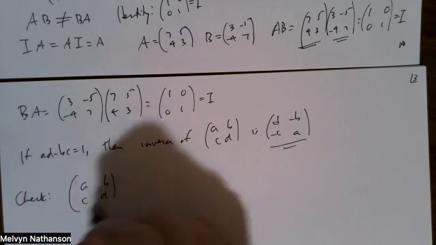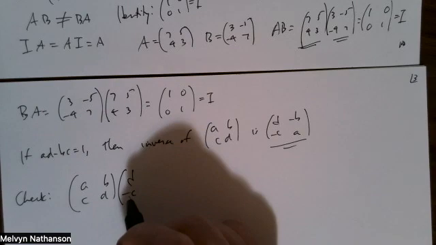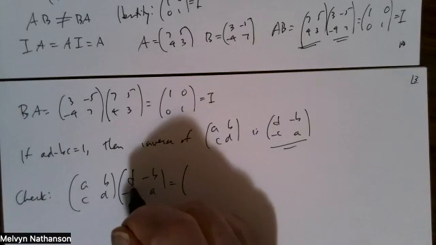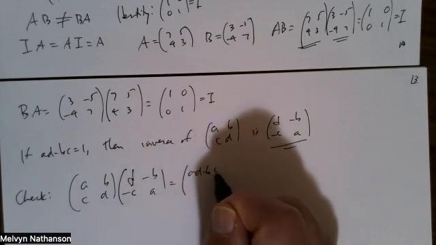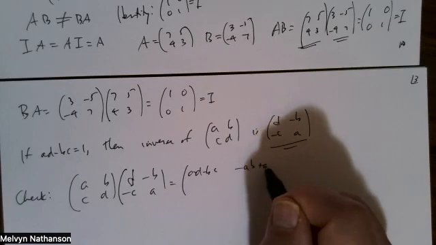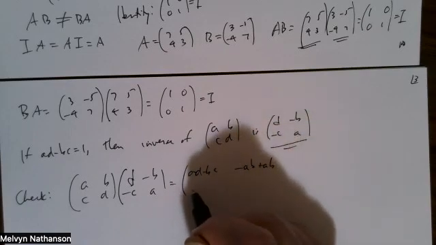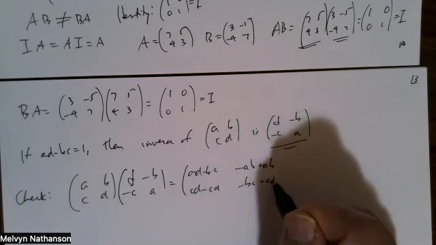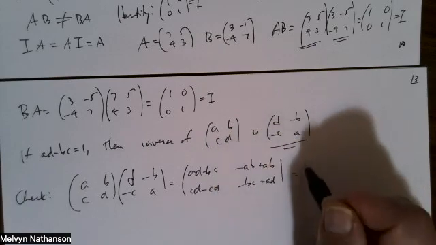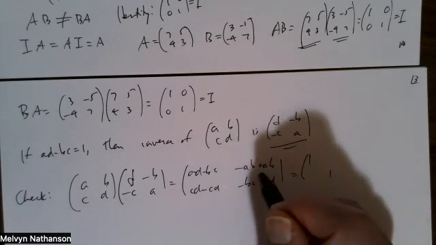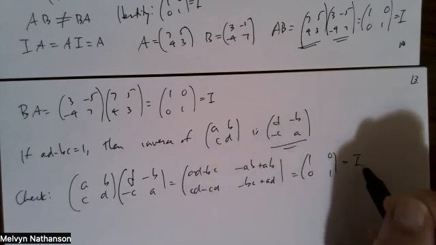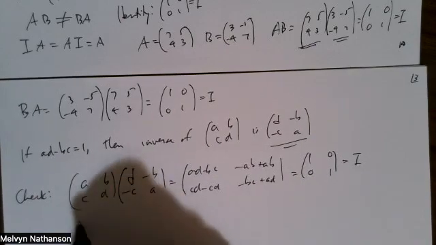If I take A, B, C, D times D, minus B, minus C, A, when I do my matrix multiplication, I get AD minus BC, minus AB plus AB, CD minus CD, minus BC plus AD. These are both AD minus BC, so they're 1, and this is CD minus CD, AB minus AB, that's 0. That's the identity. And if you multiply in the opposite order, the same miracle occurs.